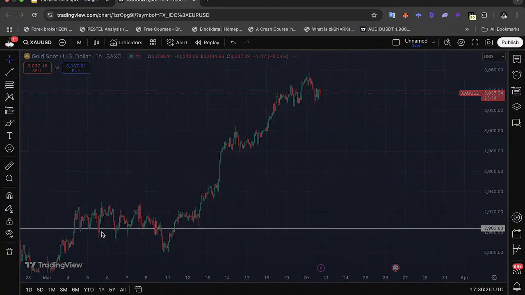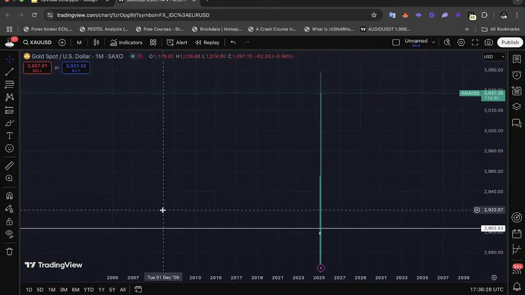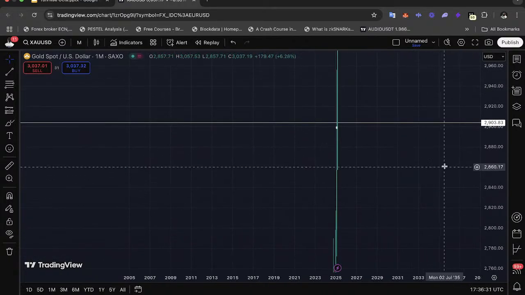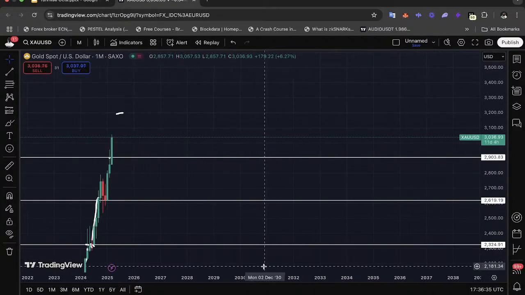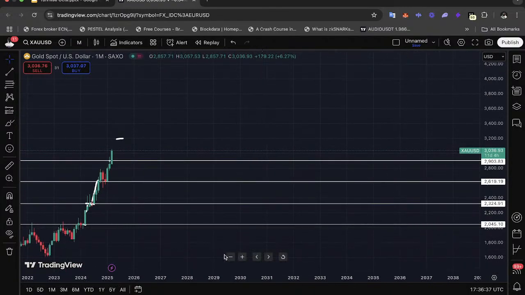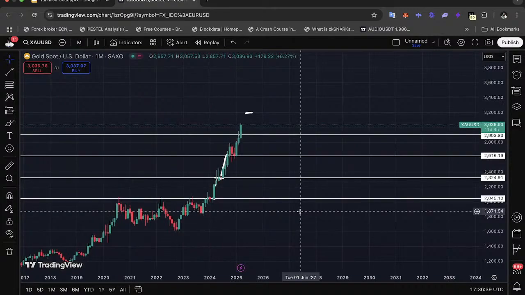Looking at gold on the monthly time frame, it's interesting to see that gold is not stopping anytime soon.